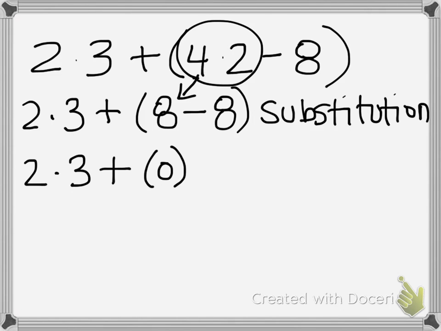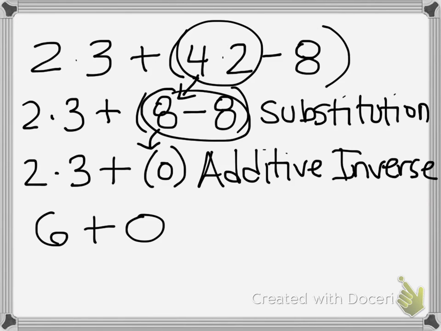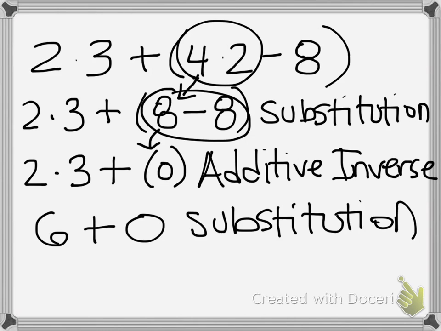Normally we don't write out zero or adding zero, but since we are writing the steps for each time that I'm solving this, then this would be considered using the additive inverse property. Again, we're solving 2 times 3, so that would be considered substitution. Finally, anything added by 0 is considered using the additive identity property.